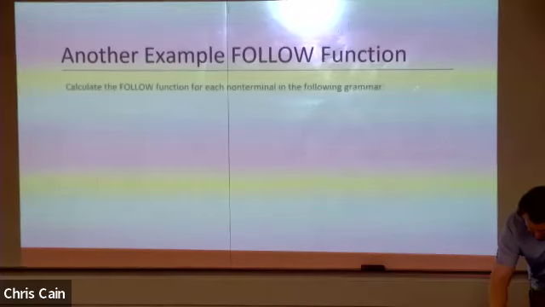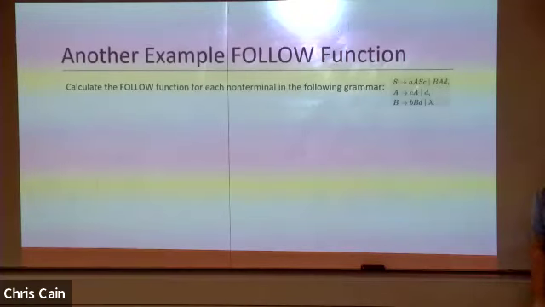All right, let's have another example. And now it gets a little bit more complicated. We're going to use our second example now, where we include a lambda. So now, given that, what is everything that is in follow of everything?